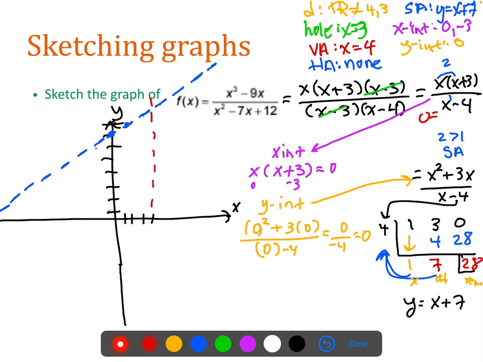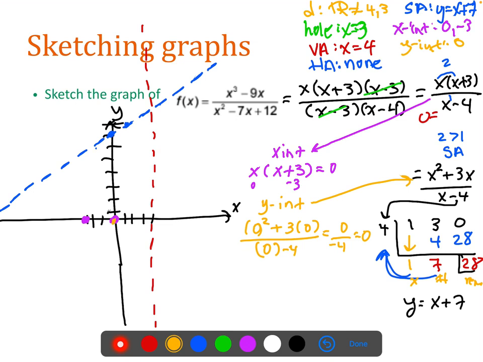All right, now I have a VA over at 4. So 2, 3, 4. And that's the VA. I have x-intercepts at 0 and -3.